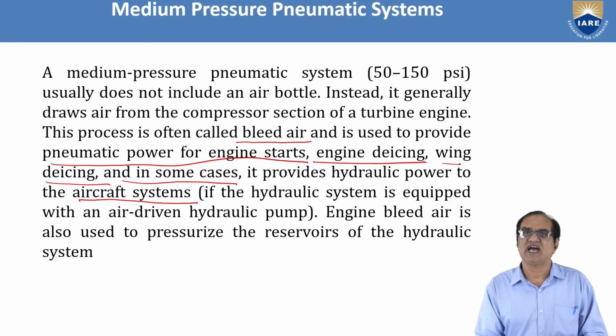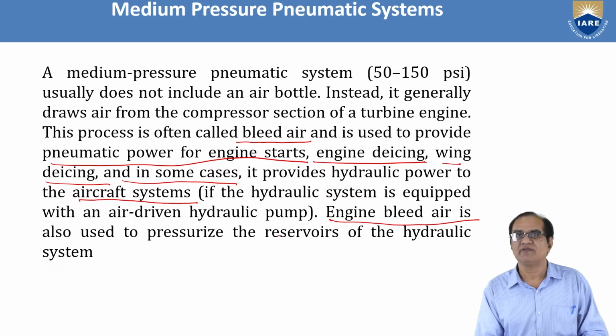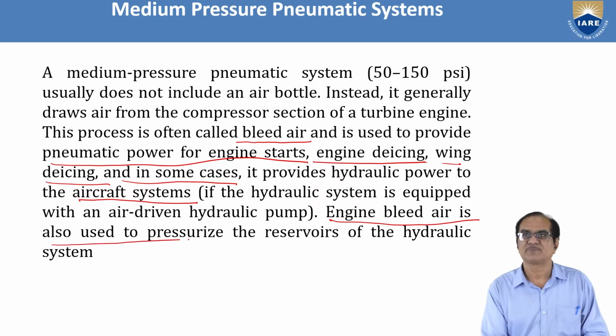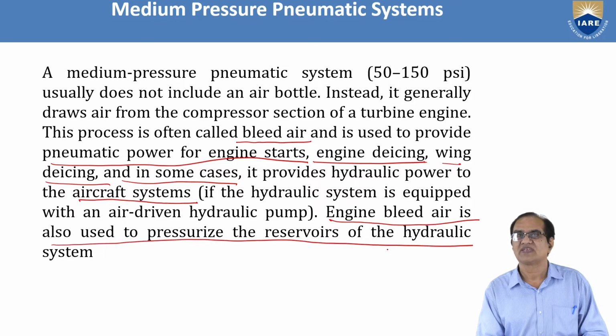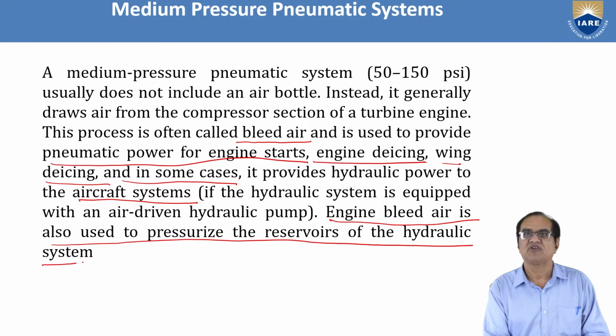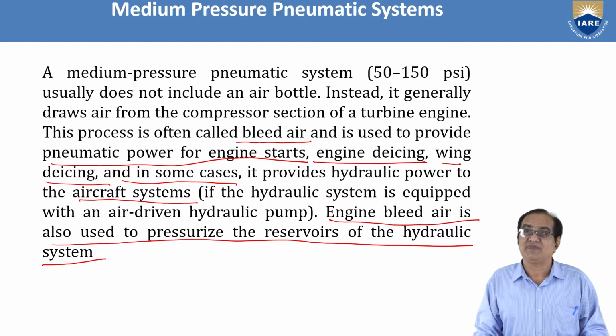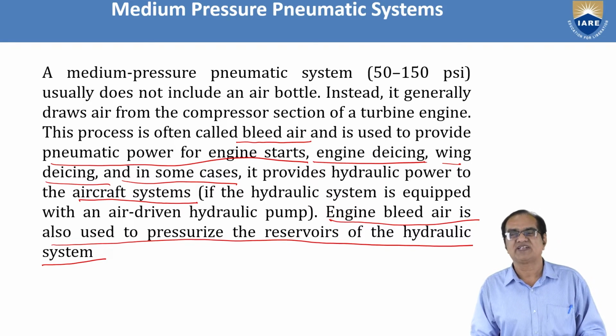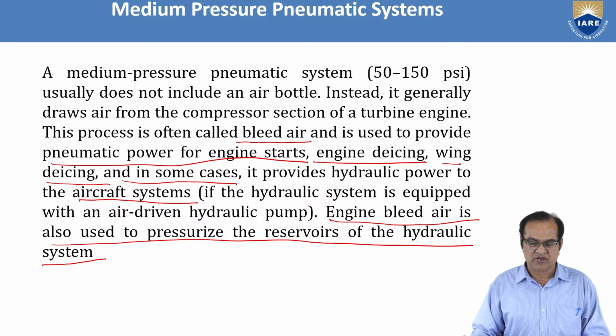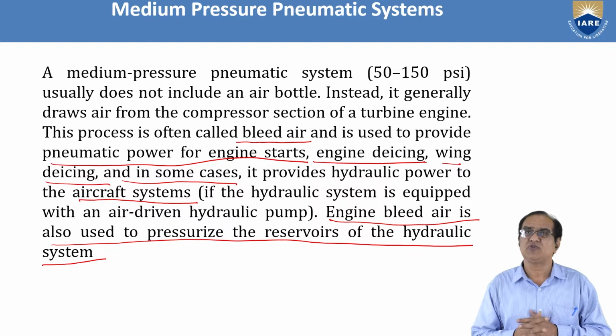Engine bleed is also used to pressurize the reservoir of the hydraulic system. So bleed air is also used for pressurizing the hydraulic system. Okay, so it is very much essential that we understand this medium pressure.